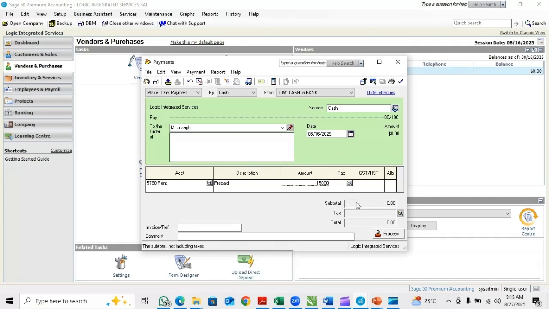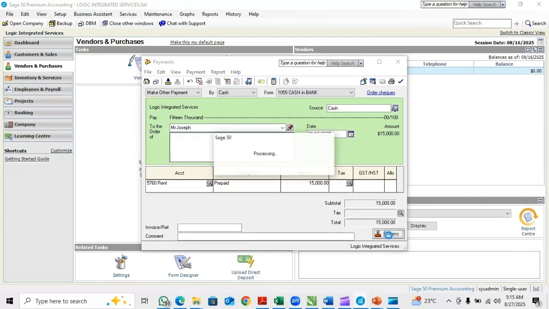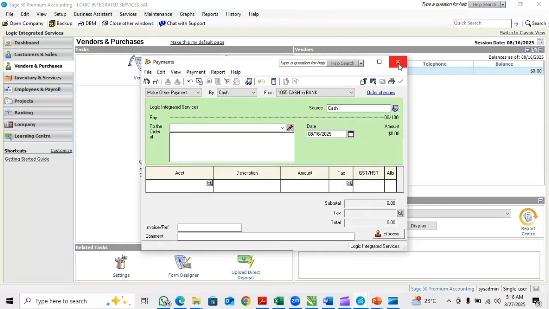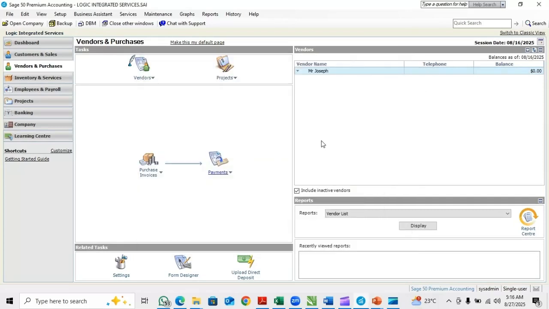So 15,000 naira is the amount we paid for rent. Here we're going to credit 1055 and debit the rent account. So we process, and this is a payment. We have made a payment.